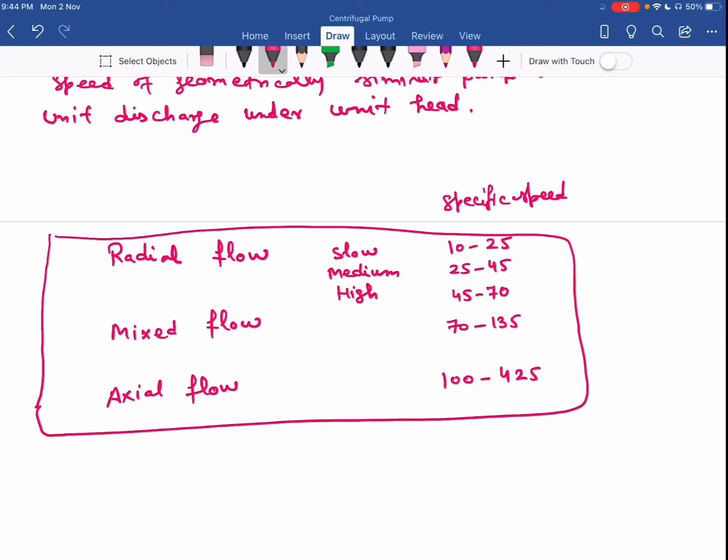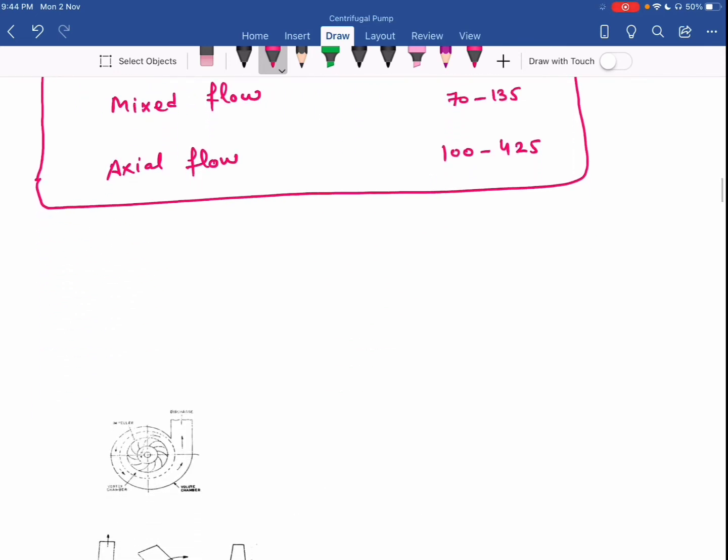Okay, then on the basis of type of casing, we have three different types of centrifugal pumps.